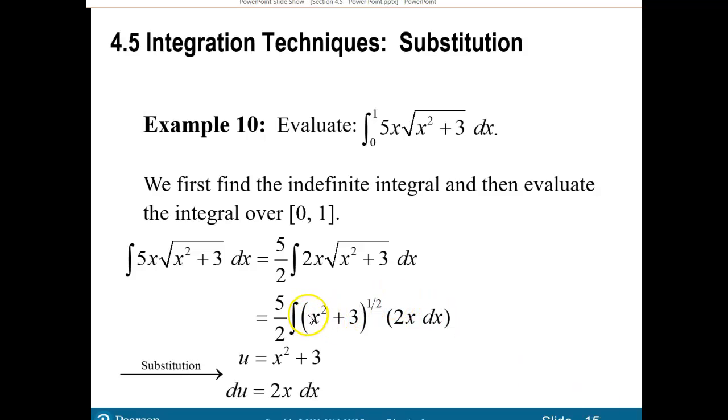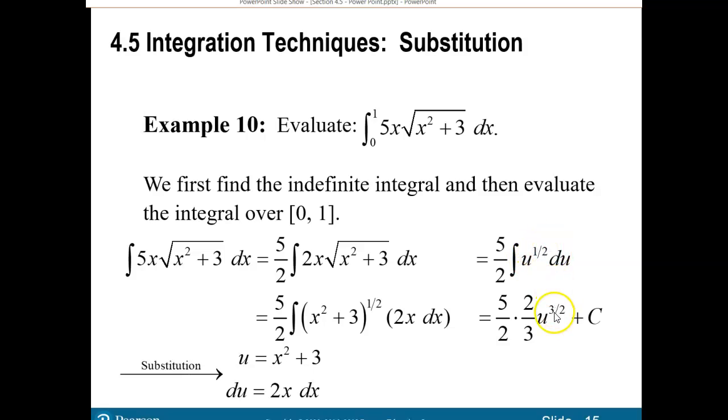So the substitution is going to be u equals the middle, x squared plus 3. So du is 2x dx, which we've already put back here. So we get the 5 halves stays. This becomes the antiderivative. This is u, so u to the 1/2 du. 5 halves stays.